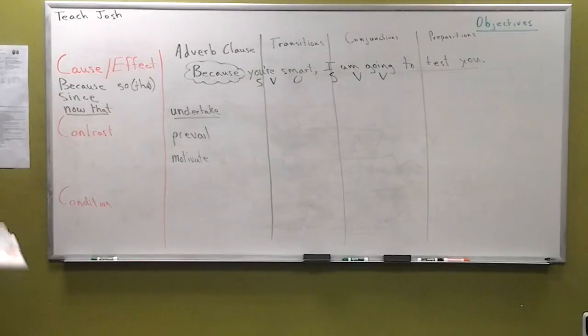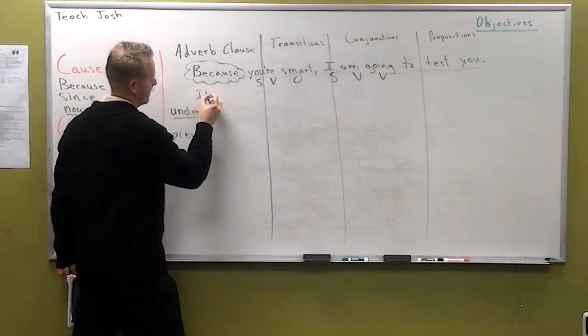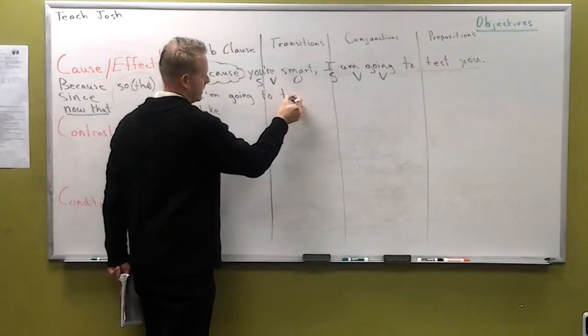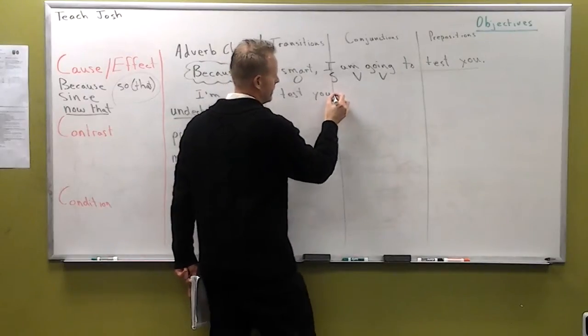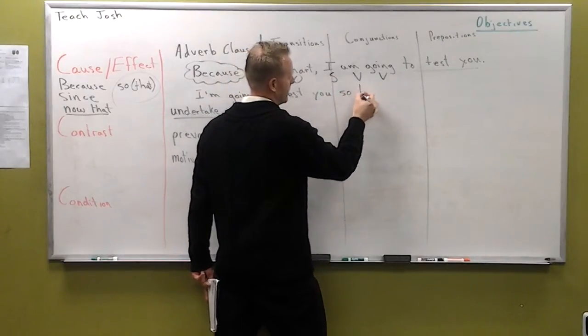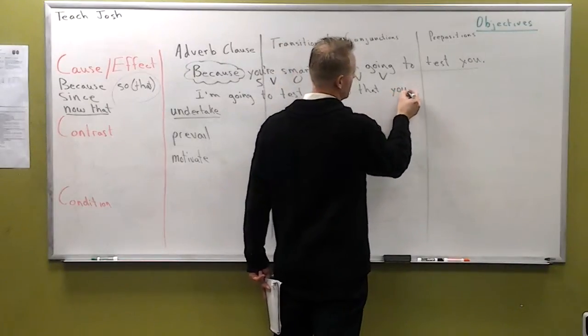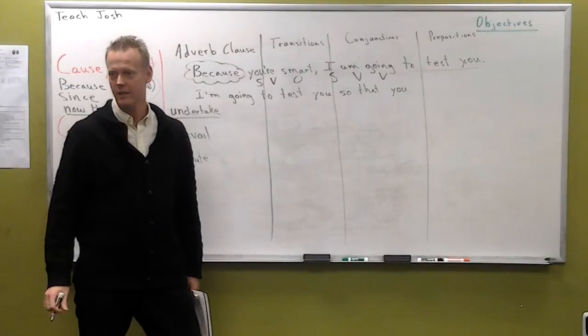I'm going to test you so that you are smart. See, you've got to flip it. Good job. So with this one, you have your result, so that you, and it sounds better with the future, right? So that you will be smart.